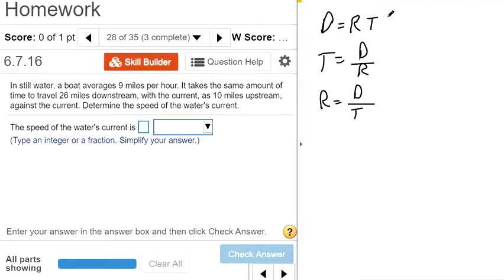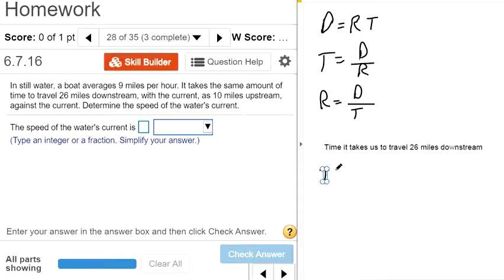So let's see. So let's make 2 equations. Let's make an equation for the time it takes us to travel the 26 miles downstream, right?